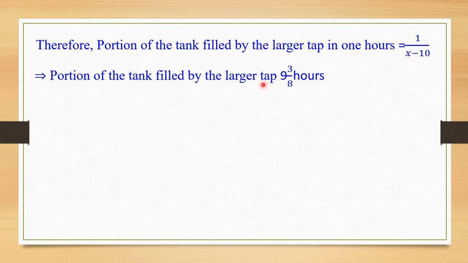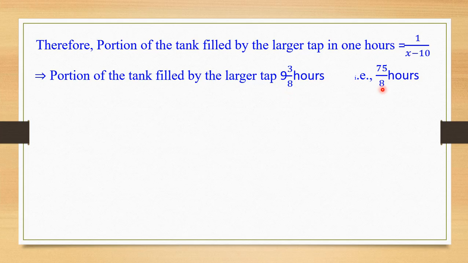Now 9 3 by 8 hours we can simplify this mixed fraction as 9 into 8, 9 8s are 72, plus 3, so it is 75 upon 8 hours.